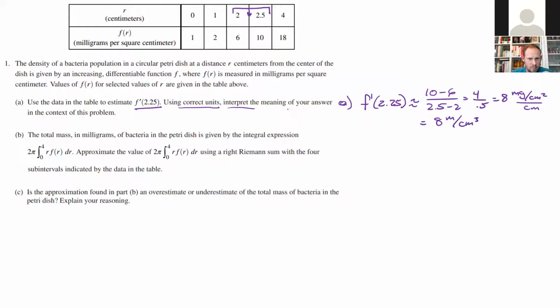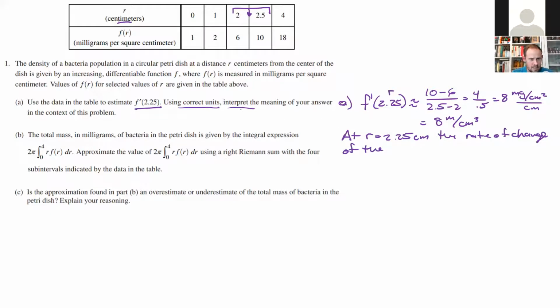All right, and then we are supposed to interpret this. So at r equals 2.25, and it's in centimeters, the rate of change, because that's what derivative is, it's a rate of change of the, and what does f stand for?